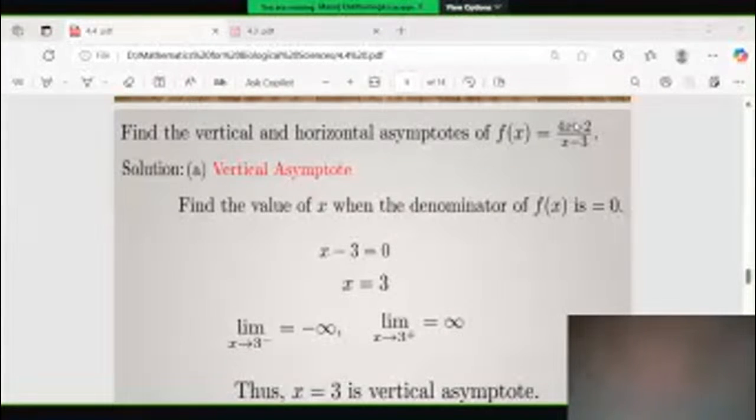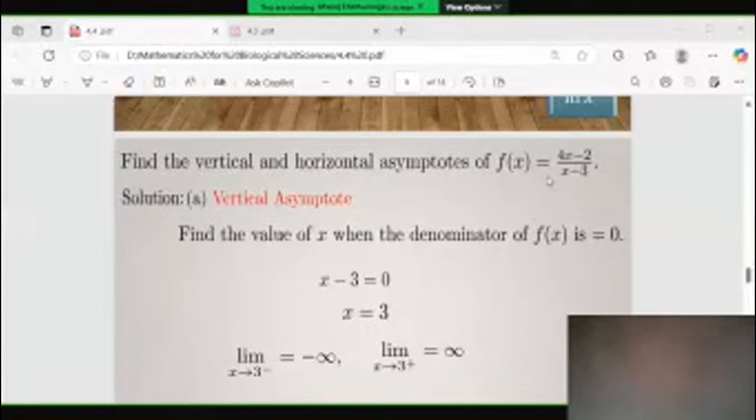All right. Now, let's think about vertical asymptotes. To have a vertical asymptote, as x goes to a finite number, I should get some infinite limit. When x goes to some finite number, I should get infinite values for the function.